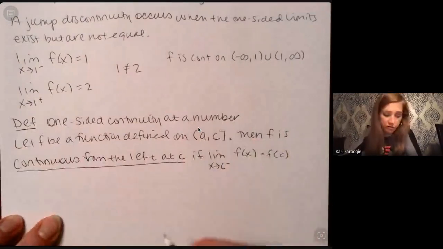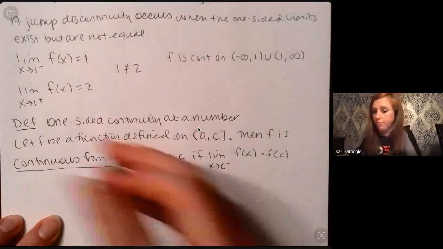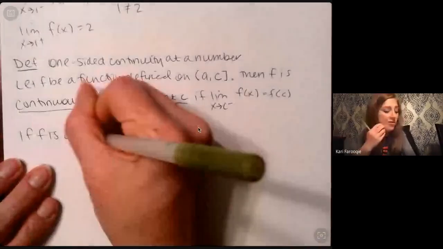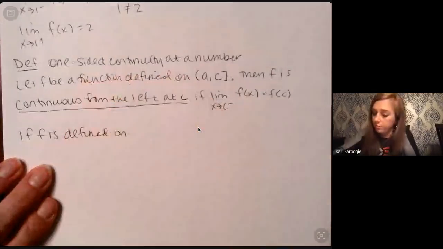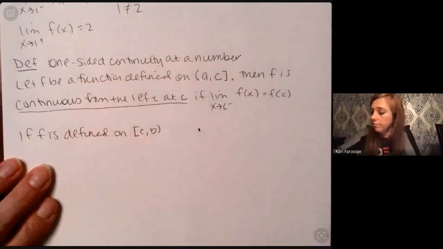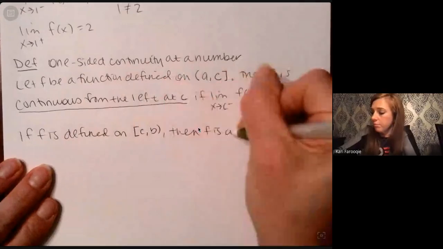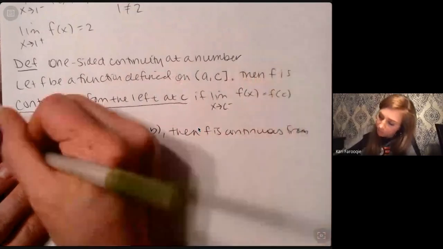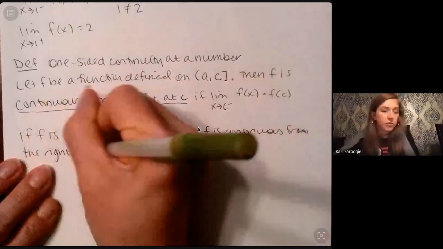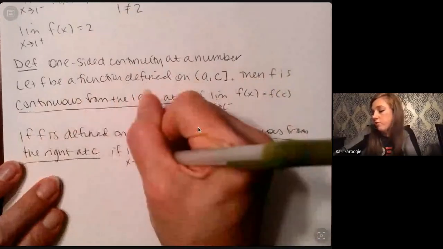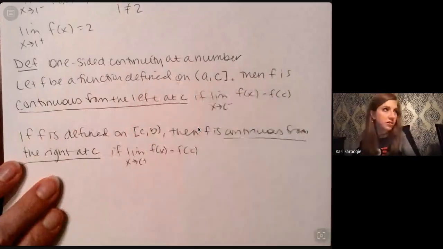So we could say if f is defined, and we'll switch the interval here, on the interval from C to B, then f is continuous from the right at C if the limit as x approaches C from the right of f of x is equal to f of C. So what you're looking for here is that the value of the limit is equal to the value of the function, or the value of the one-sided limit, I should say.